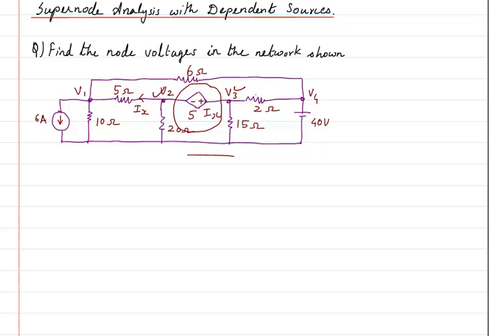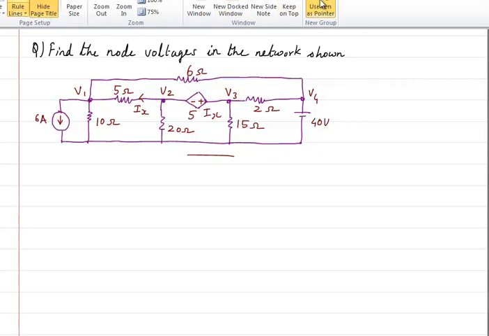When we have a voltage source between two nodes, we can't write an equation because we cannot say what is the current that is flowing. We cannot say because we only have the voltage, so we cannot write a KCL equation for V3 or a KCL equation for V2. In such a case, we make what is called a supernode.